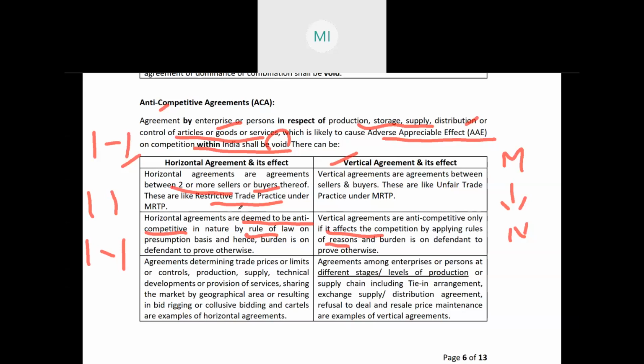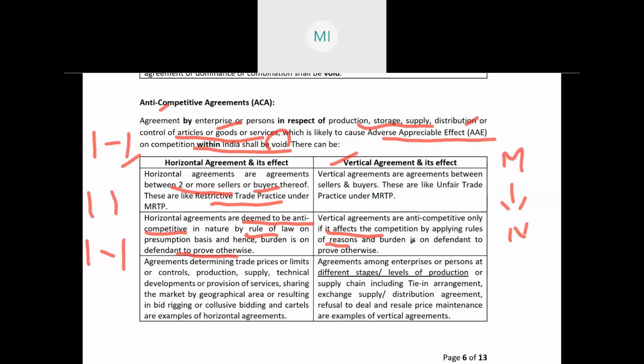If they give you any agreement, first check whether it is an agreement or not. We have seen the definition: an understanding, concerted action. Then check whether it is a horizontal agreement. If it is, it is deemed to be anti-competitive, and the other party, the defendant, has to prove that it is not anti-competitive. Whereas vertical agreements become anti-competitive only if they affect competition.